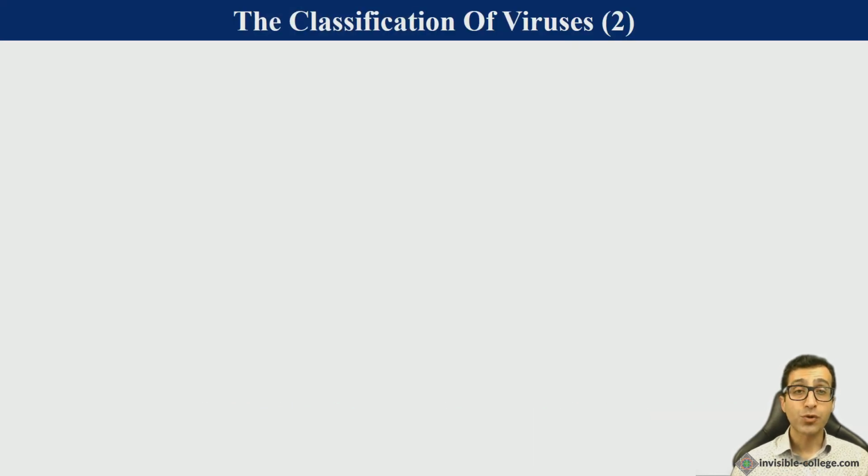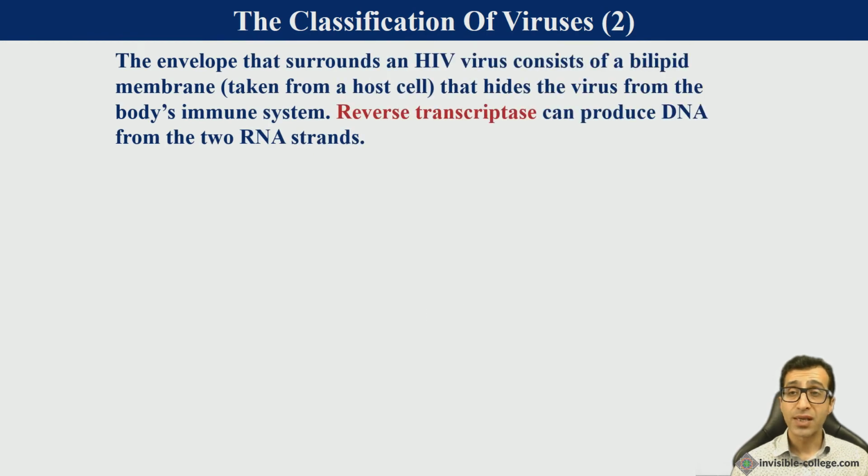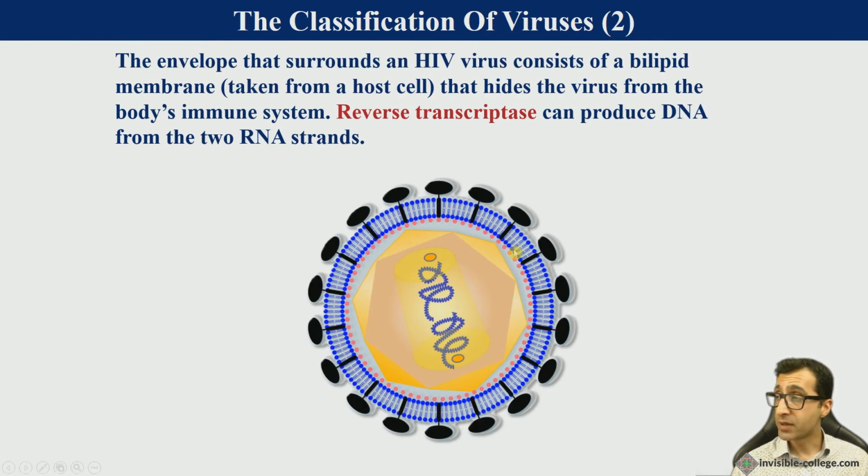So, the envelope that surrounds, for example, the HIV virus consists of the lipid bilayer, which is derived from the membrane of the host cell in which you find the virus. Now, this essentially has the function of hiding that virus from the cells of the immune system and from the antibodies produced by the immune system, because all of the external surface of the virus now is made up of proteins and phospholipids which come from the host organism's own cells.